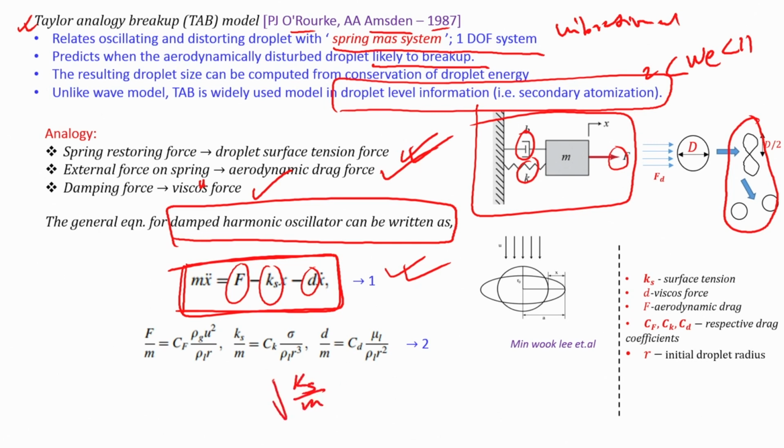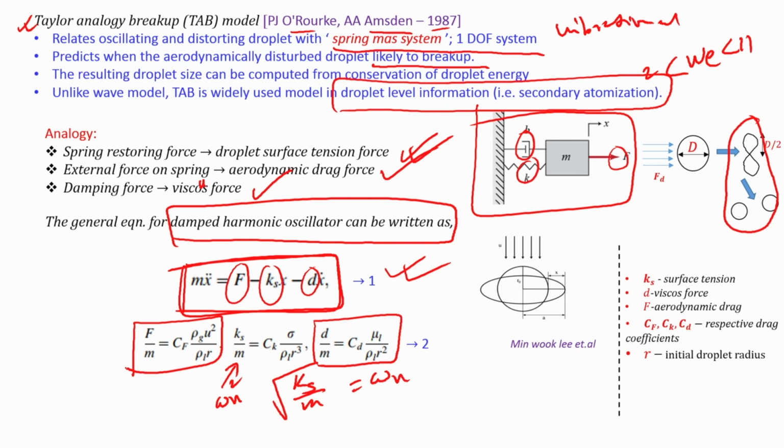The square root of Ks by m is usually given as the natural frequency of the system. So, this term is nothing but omega n squared, the natural frequency of the system, as you know from vibration, given by root over Ks by m. Similarly, d by m is the damping, and F by m is the forcing.